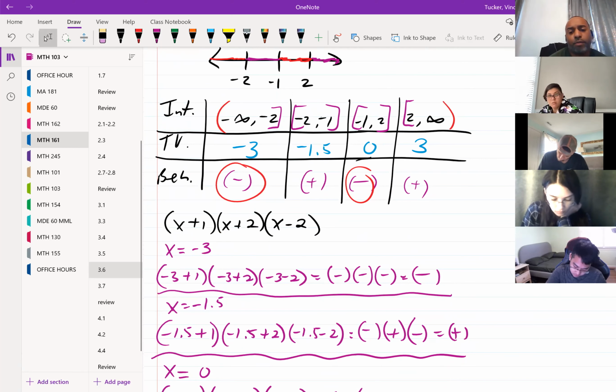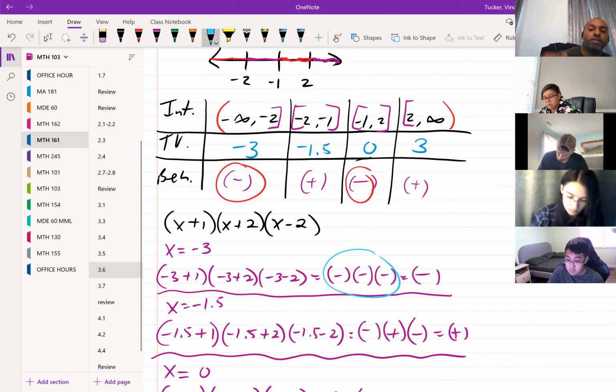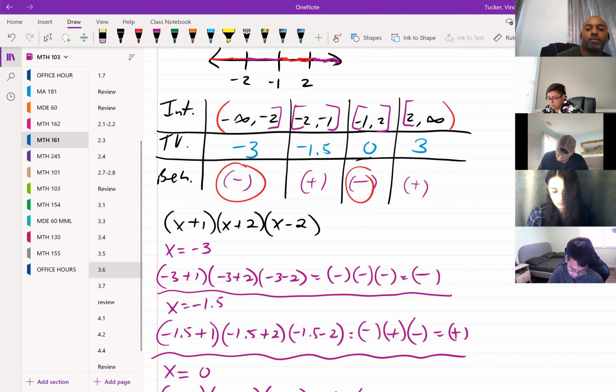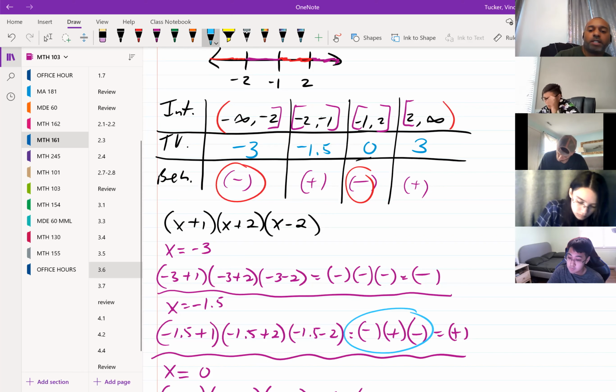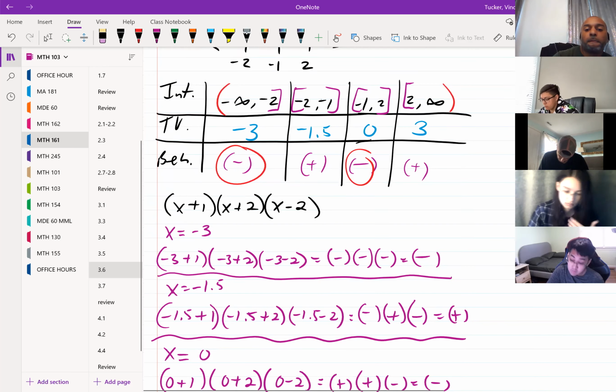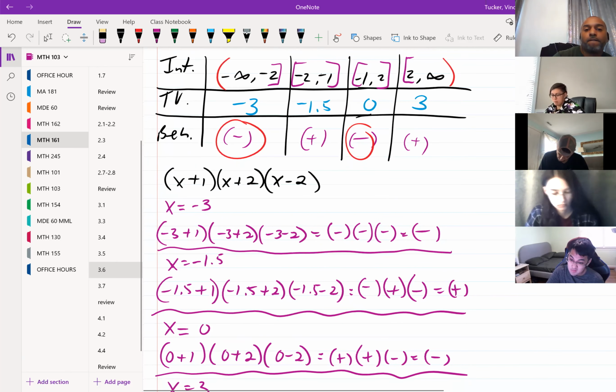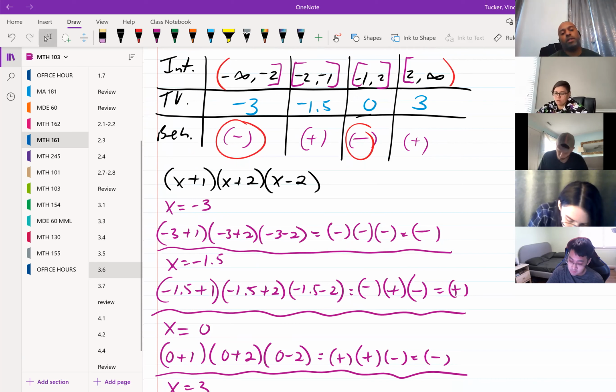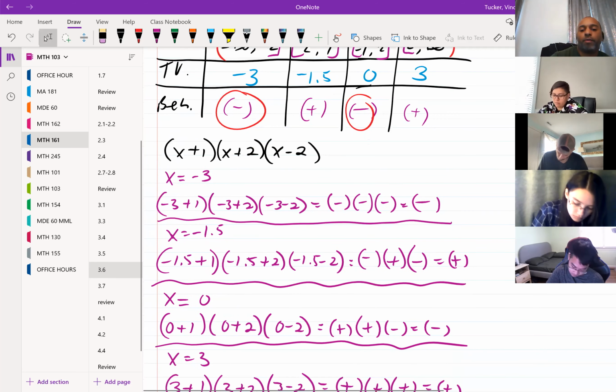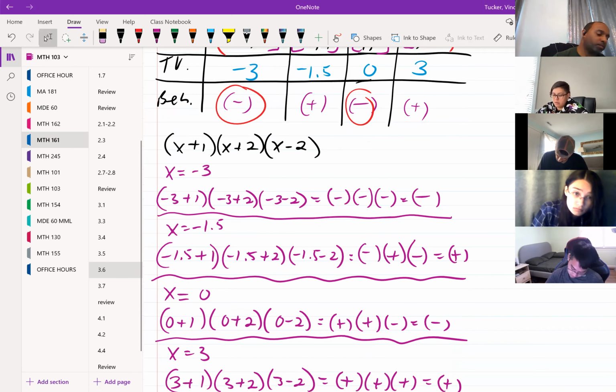Plugging in -3, I ended up getting a negative times a negative times a negative, which ends up being negative. Plugging in -1.5, negative times positive times negative, which ends up giving us positive. Plugging in 0 gives me a negative result, and plugging in 3 gives us a positive result.